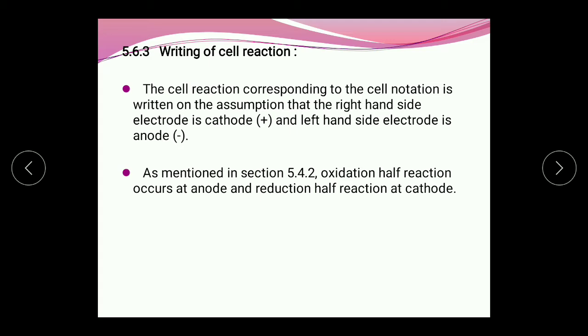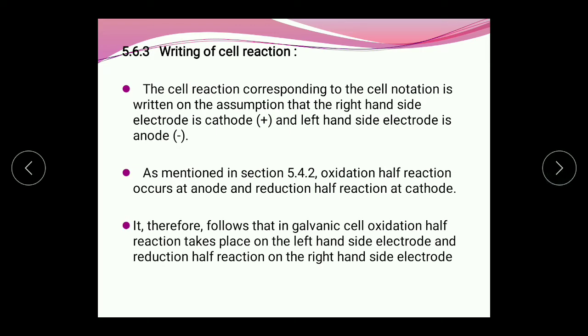So, oxidation half reaction always occurs at the anode and reduction at the cathode. It therefore follows that in a galvanic cell, the oxidation half reaction takes place on the left hand side electrode and the reduction half reaction on the right hand side electrode, because on the right hand side there is the cathode.